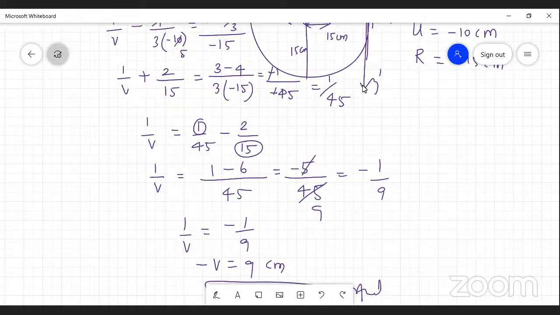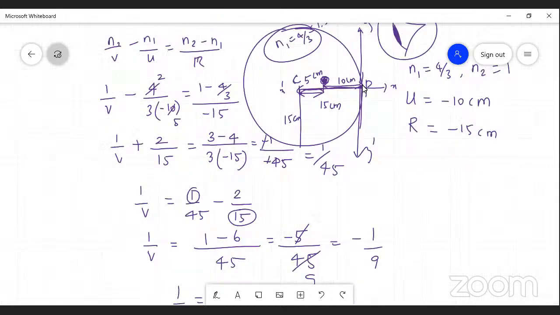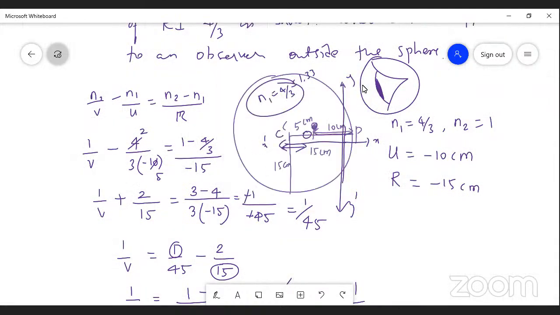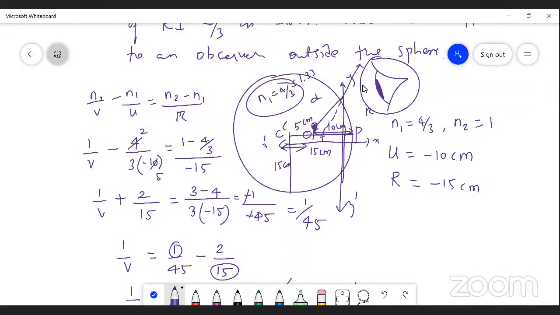Which means v equal to minus 9 centimeter, so it is a virtual image. See the diagram. This is the position of the object, the incident ray inside the surface. This is a denser medium, this is a rarer medium. You know well, the ray passing from denser to rarer, after refraction, bends away from the normal. So the image is formed at this point. The pole to the object is 10 centimeter.